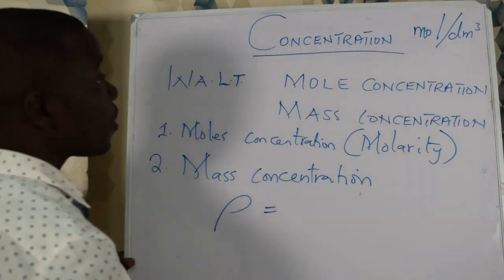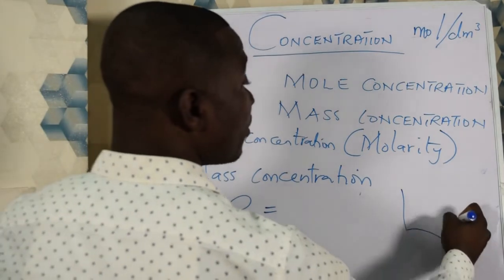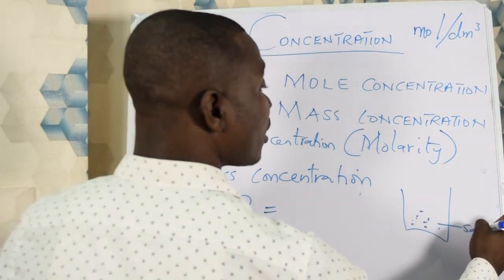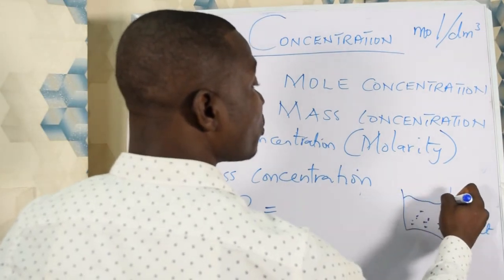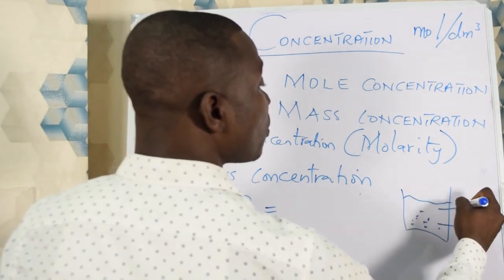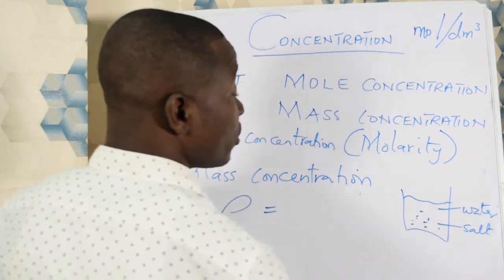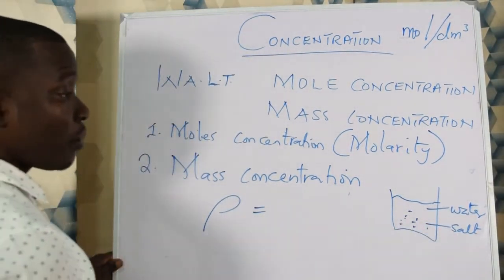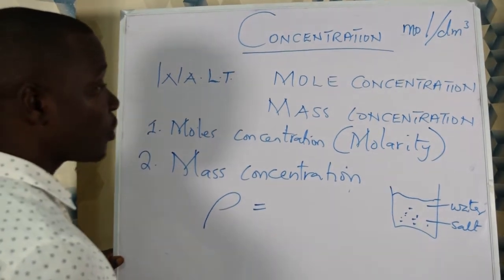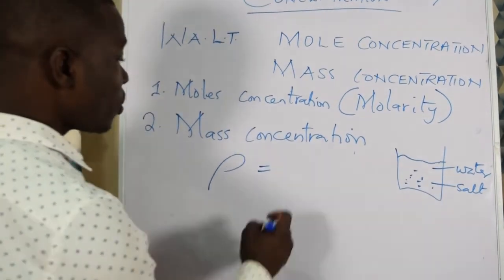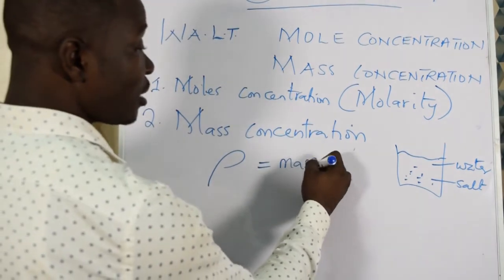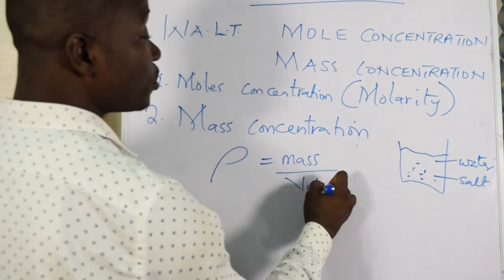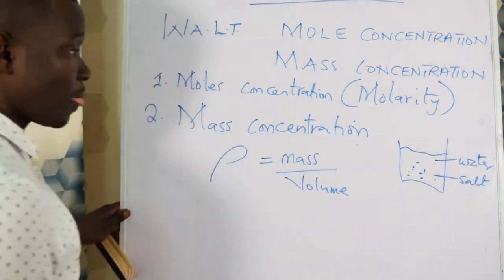Which means we have the beaker, we put salt there, and then we fill it with water. We still want to find the concentration of this solution. But in this instance, what we want to do is find the mass of the salt per the volume of water.